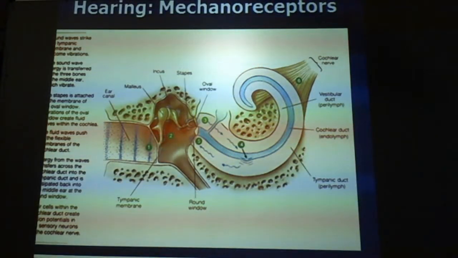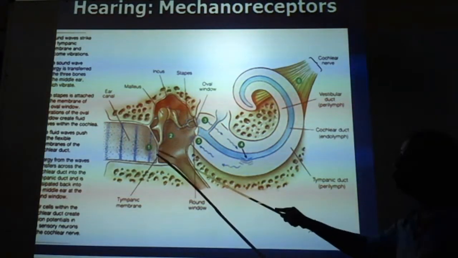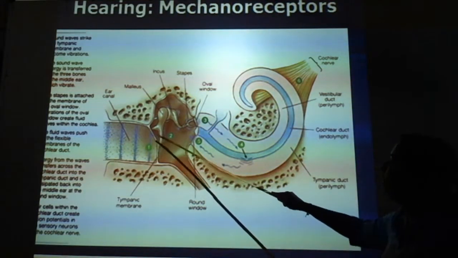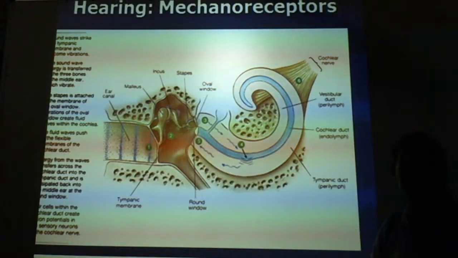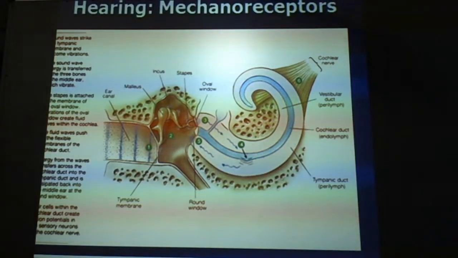Point number 2, the sound wave energy is transferred through the 3 bones of the middle ear. What are the 3 bones? Incus, malleus and stapes. Thirdly, the stapes is attached to the membrane of the oval window, and the vibrations of the oval window create fluid waves in the cochlea.